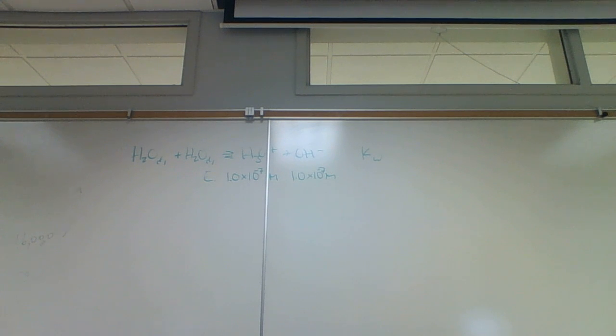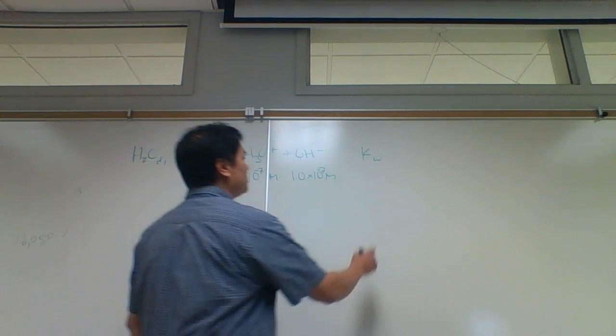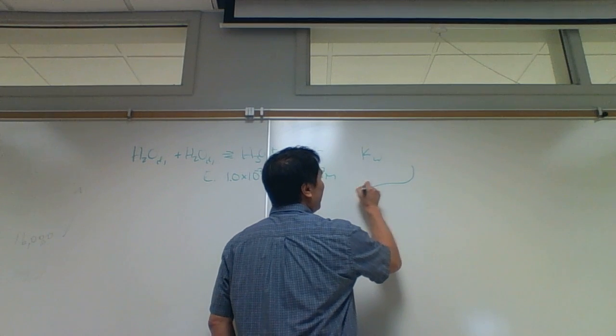Now, what if I perturb that? How can I perturb this? Well, if I take some pure water and add some acid to it, that would perturb the equilibrium, right? And so let's say we're going to add some acid to this now. We have a system at equilibrium, and we add some acid.